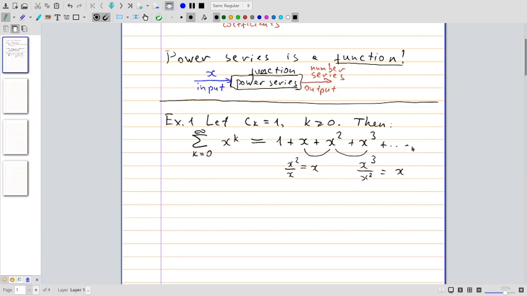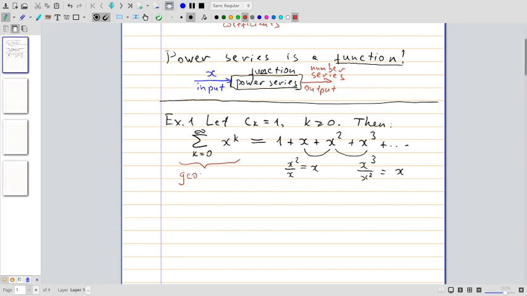It's not hard to check that in this series, all the ratios of adjacent terms are equal to x. And we know what this property is telling us. It's telling us that we are dealing with a geometric series. So for this particular power series, when you just replace all the ck's with 1, you get this expression, which is a geometric series, as we just realized by checking ratios of the adjacent terms.